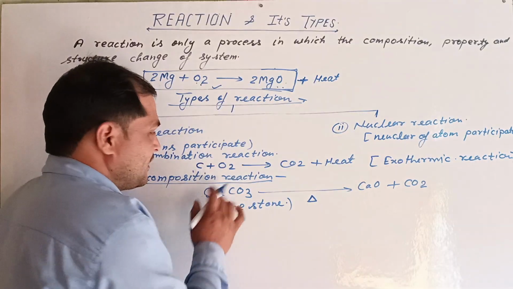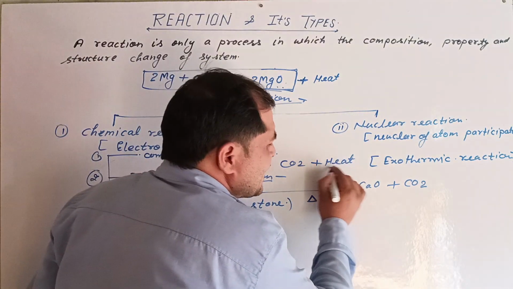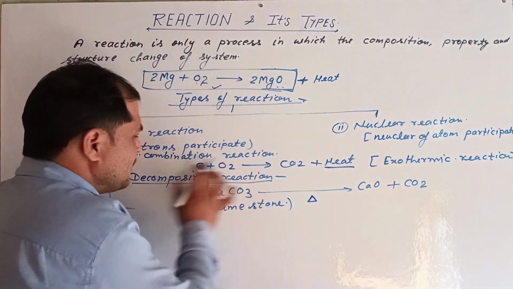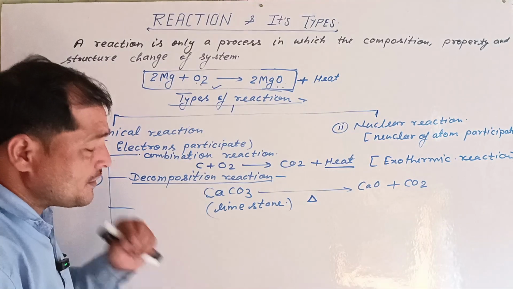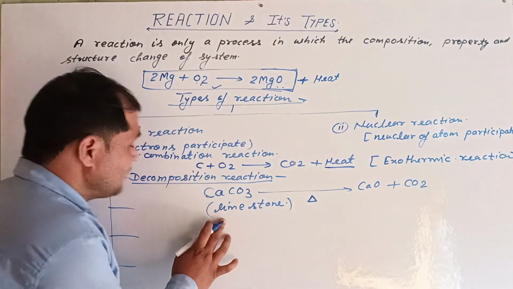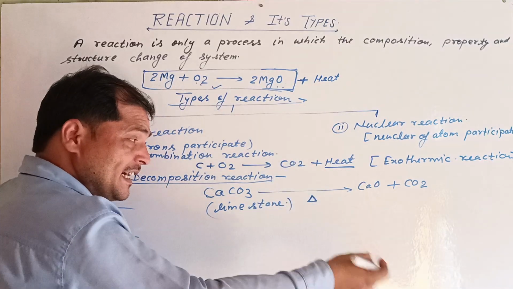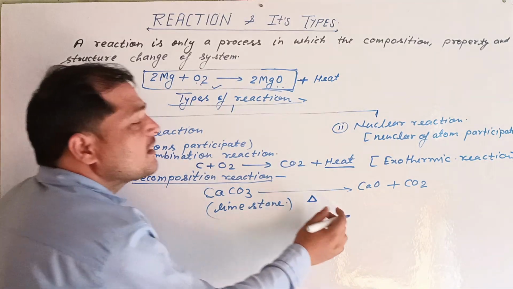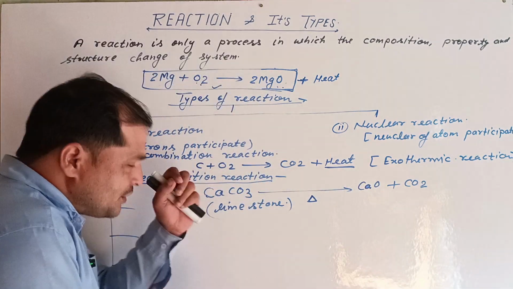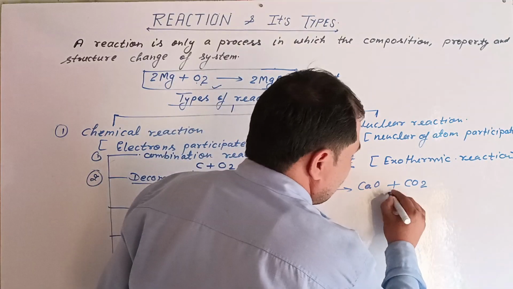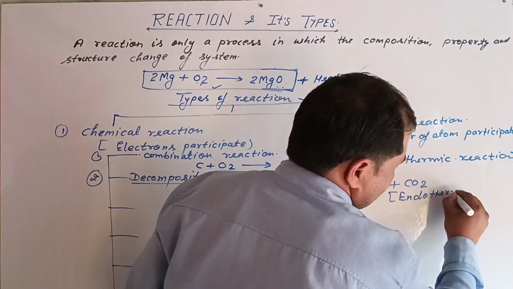A combination reaction already produces heating energy, so it is known as an exothermic reaction. But in a decomposition reaction, when we provide heating energy, it is decomposed into two main parts. So decomposition reaction is known as an endothermic reaction.